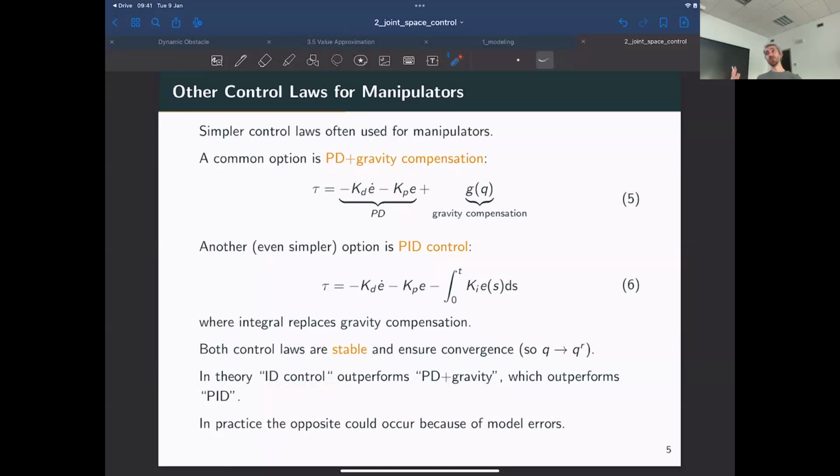And if your model is not good, then actually it would be better not to rely on the model at all. And so you could get a better performance from the simplest PID controller than from the more advanced inverse dynamics controller. So beware of that. That's especially true when you have the high frictions I was mentioning before, because those are very difficult to compensate and they make your model very wrong.